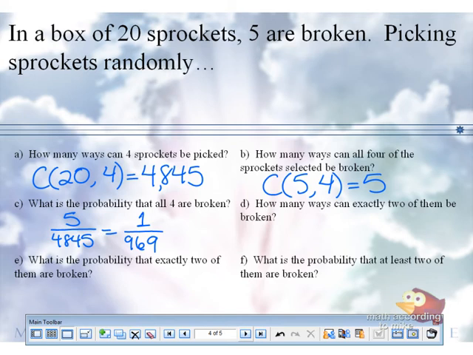Out of the 5, we're picking 2 of them. And how many are not broken in the box? 15, 20 minus 5. So out of the 15 that are not broken, how many do we want? 2.